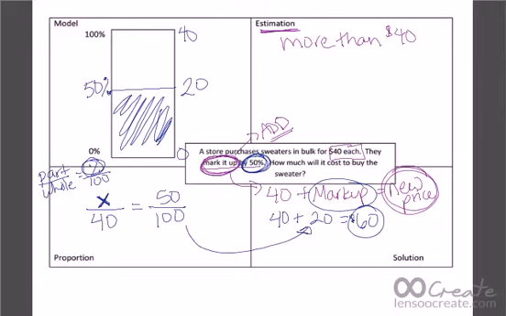Or I could do it another way. Again, X over 40 equals something over 100. I could take this 50% and add 100% to it. So add 100%, because that's my initial $40, how much they pay, and the 50% markup, and add that, and I get 150%.